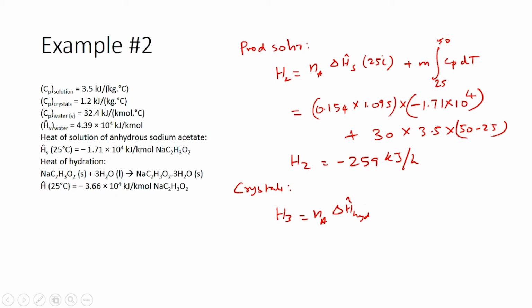That is why we have to multiply the number of moles of sodium acetate with the specific enthalpy to get the actual enthalpy value, plus m integral Cp dt, where the hydrate crystals are heated from 25 degrees Celsius to 50 degrees Celsius.